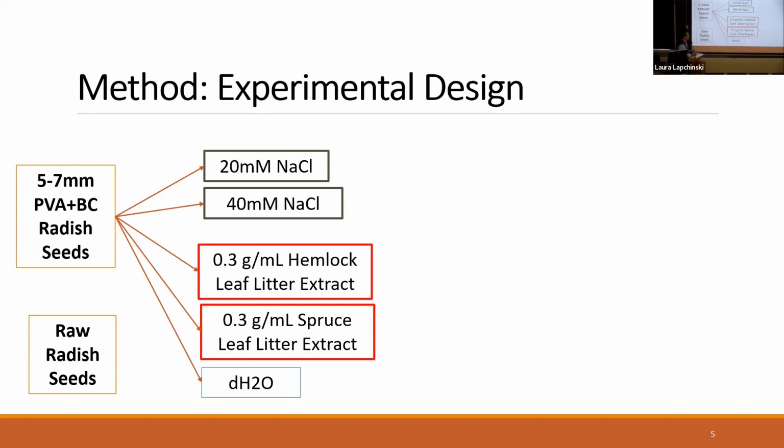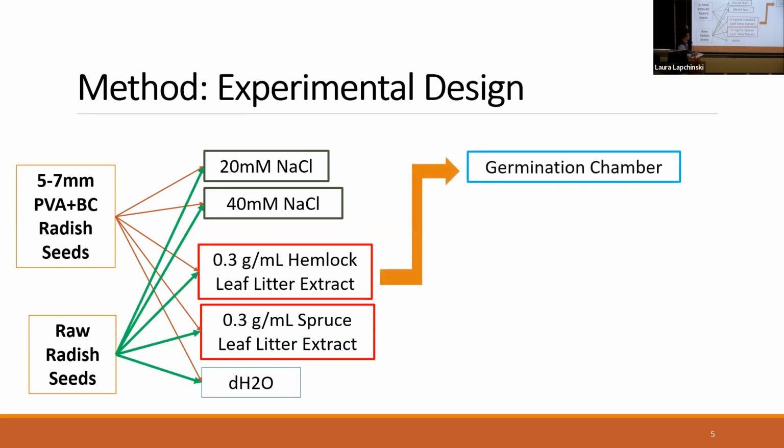Then all the germination was happening in a germination chamber indoors at 24 degrees Celsius room temperature with a growing light on top that simulates a 12-hour day to night schedule. So that let them develop into little germinants. And then after day 4, day 8, and day 12, after the onset of germination, morphological parameters were taken.